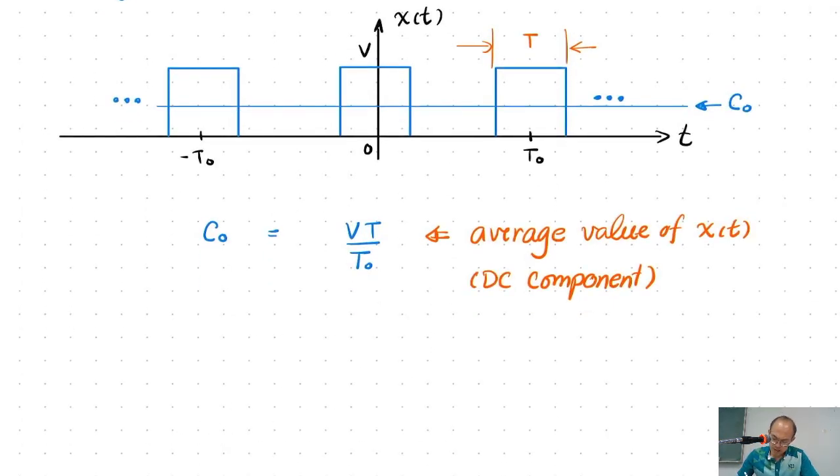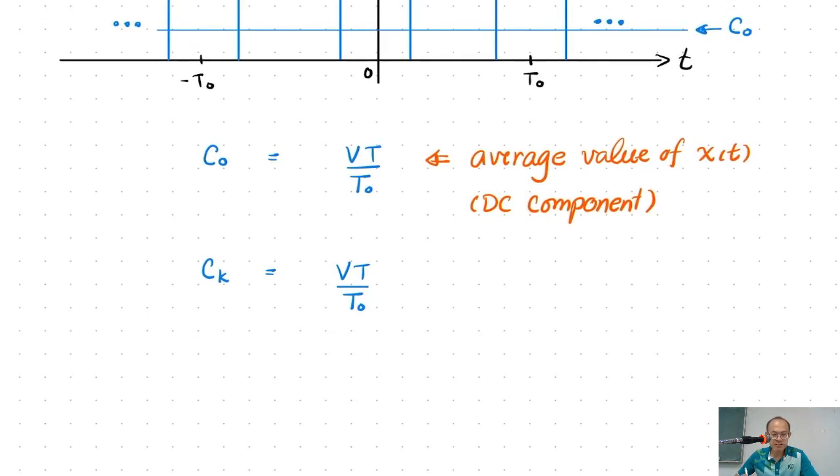And Ck was found to be VT over T0 times the sinc function of k omega naught T over 2.